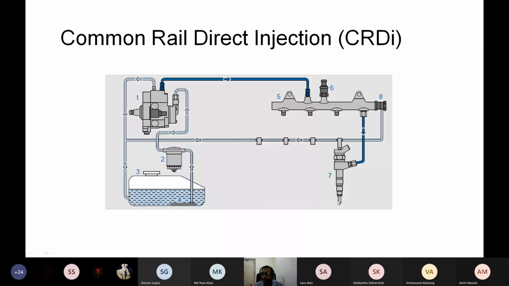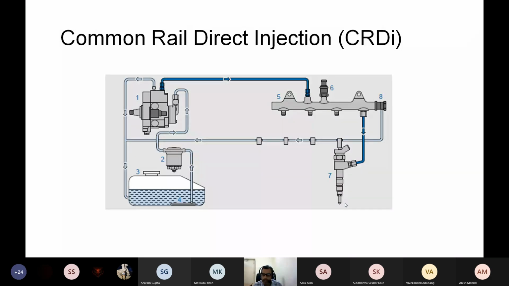The user will define that the fuel injection pressure needs to be 500 bar. Why am I using the term user? Because I am supposing that we are doing the experiments in the laboratory in open control mode, not in closed mode control.